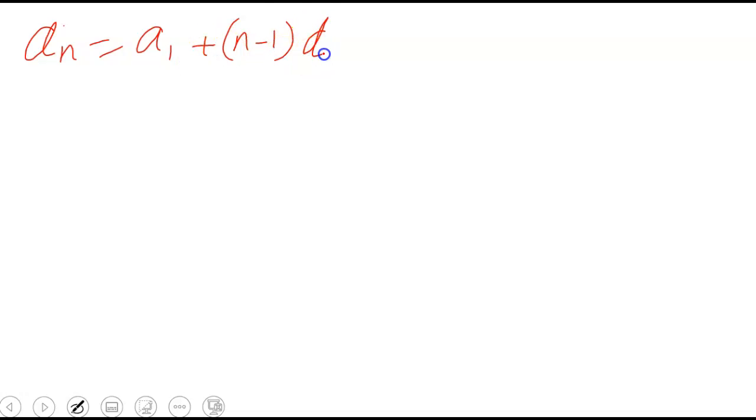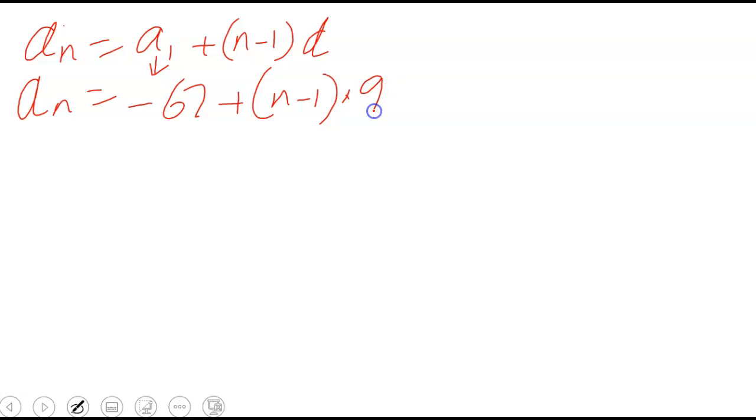All right, so we have AN equals A1 plus N minus 1 D. Again, that's the skeleton formula of an arithmetic sequence. Now we substitute our A1, which we found is -67, plus N minus 1 times our common difference, 9.